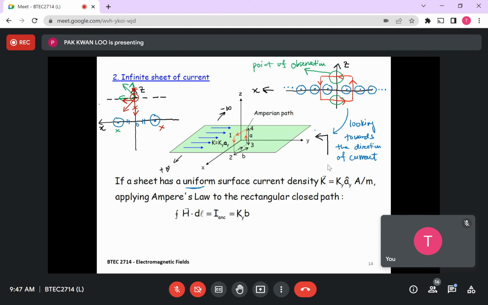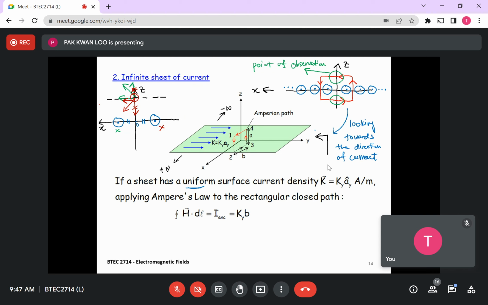So now, I just mentioned that the direction of the magnetic field is only pointing towards the x-axis. So at this top position, the direction of the path and the direction of the magnetic field are the same.